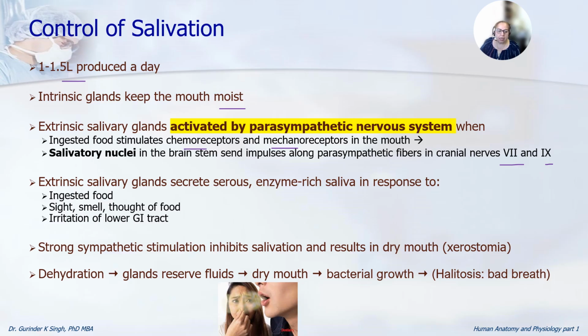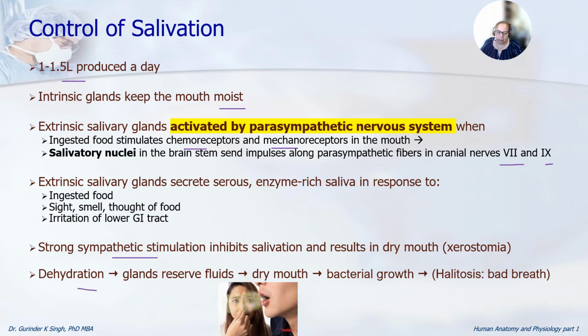When the sympathetic nervous system is triggered, if you are under stress, or you feel like you are under danger, this is going to inhibit the salivation process and will result in a dry mouth.